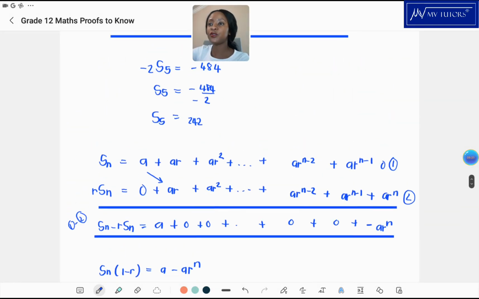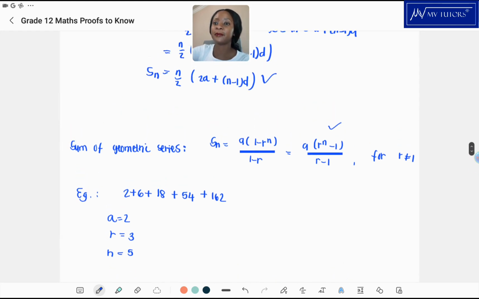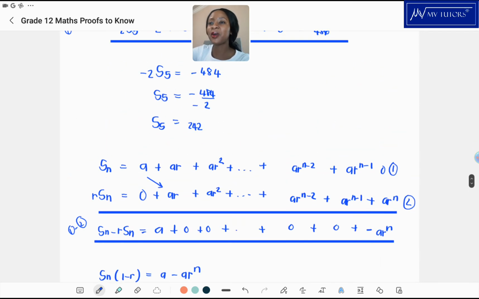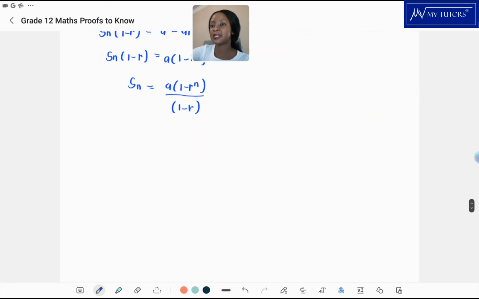So there are two forms of this equation. I only gave you the one with 1 minus r. To get the second one, you would take out the negative value.